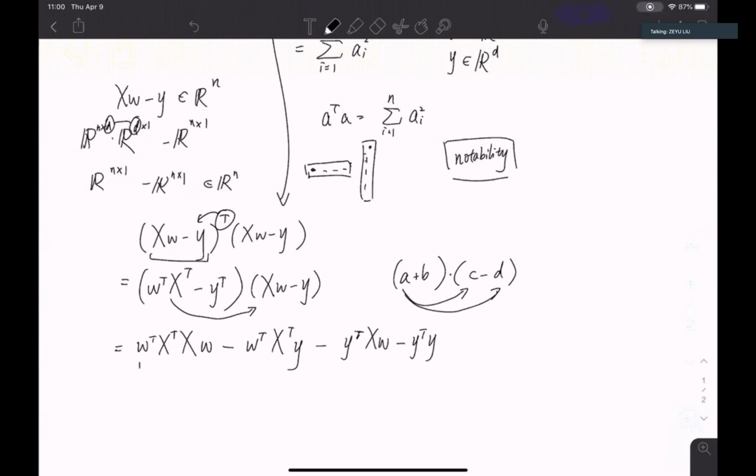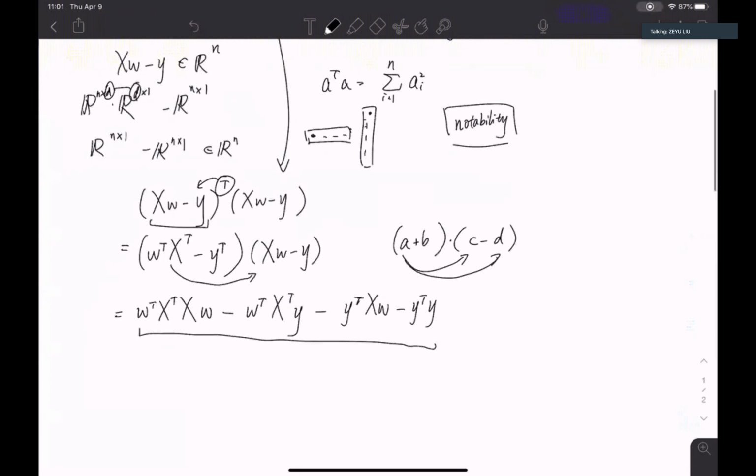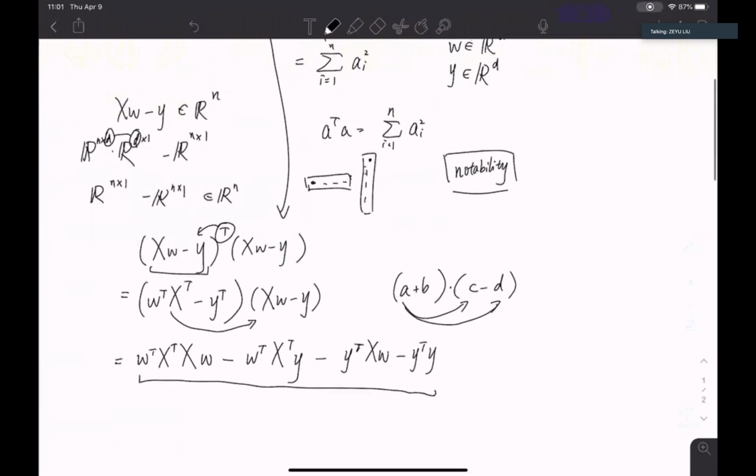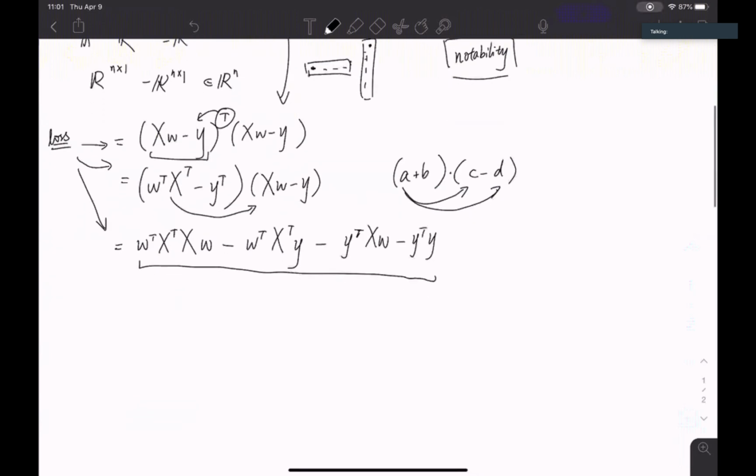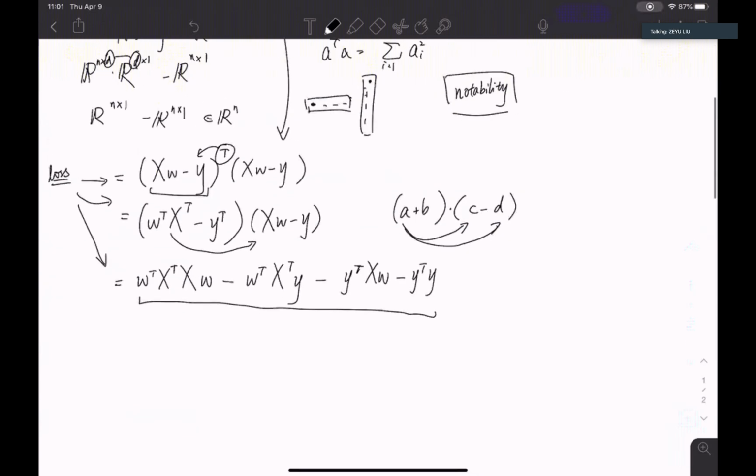We have this long, complicated expression for our loss. Each one of those is part of our loss. And we want to minimize this with respect to W, W being the vector.